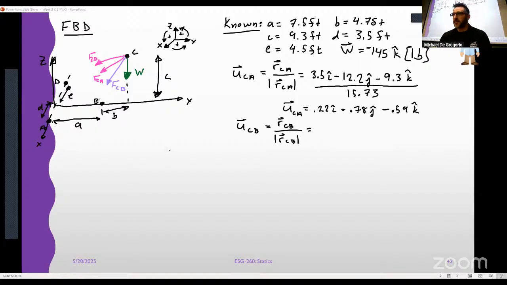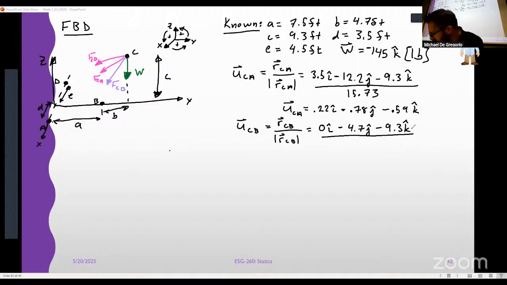I forgot to label it earlier, but there it is. I want to go from C to B. In the X direction, I don't have any travel, so that's 0, right? Doesn't travel anywhere in the X. I have to go backwards by B, so minus 4.7 in the J, minus 9.3 in the K.